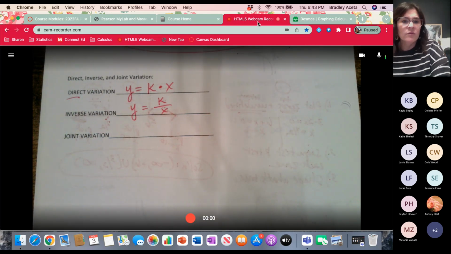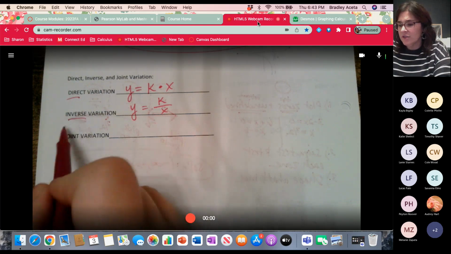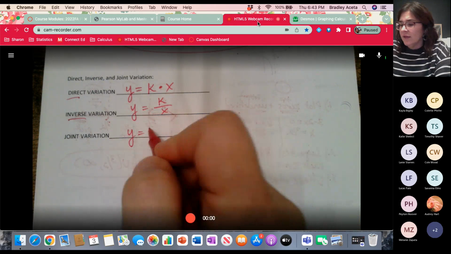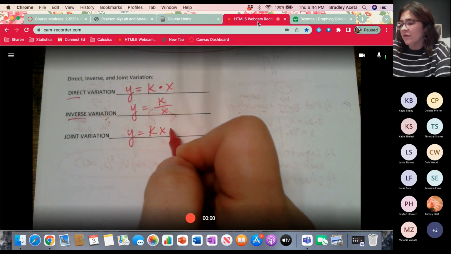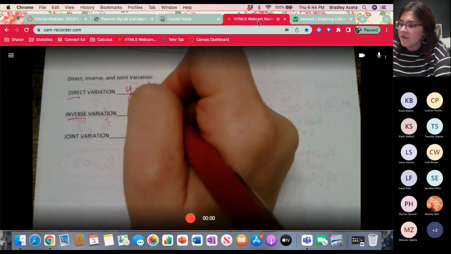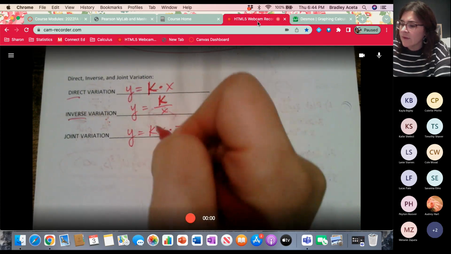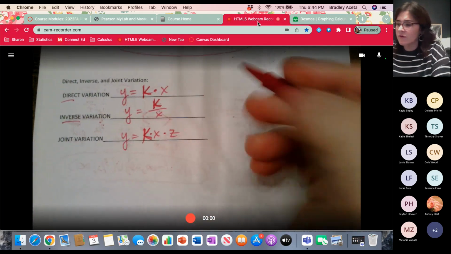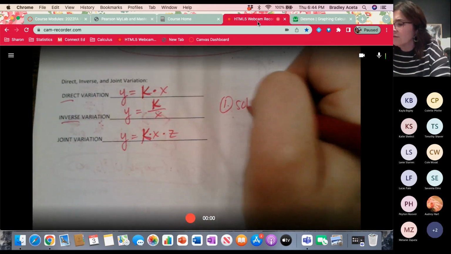And then when you see the word joint variation, it usually is multiplying k by like a couple of things, like an x and a z. But it's this idea of k right here. That's the guy you have to solve for first. So you first want to solve for k.